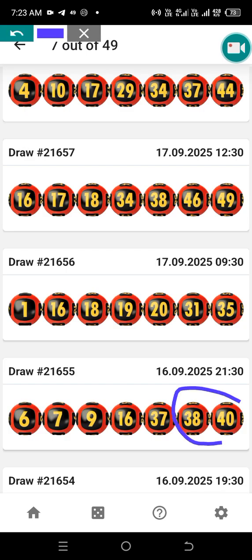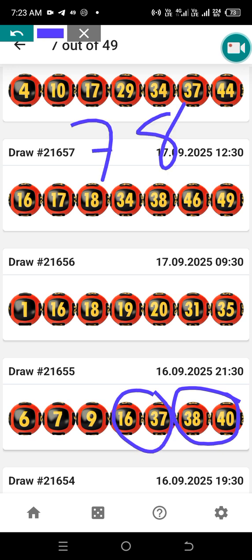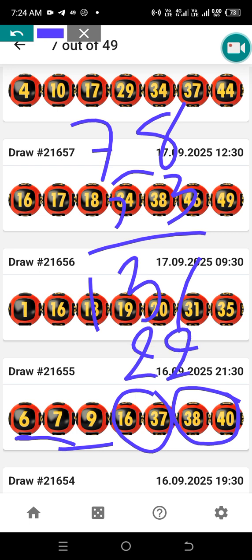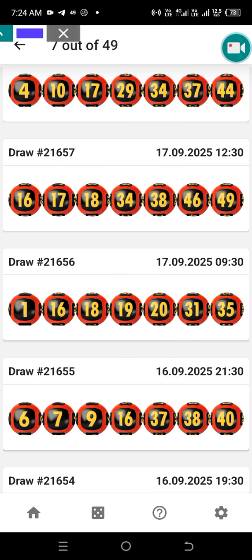We have 78 plus 53, then we have 13 and 22. You add it, and the answer is 153. The first thing when you get this code is 153.